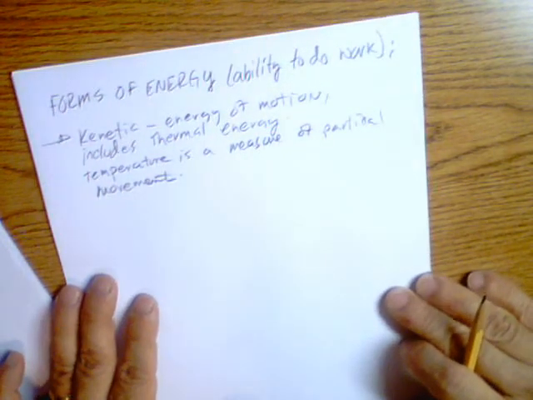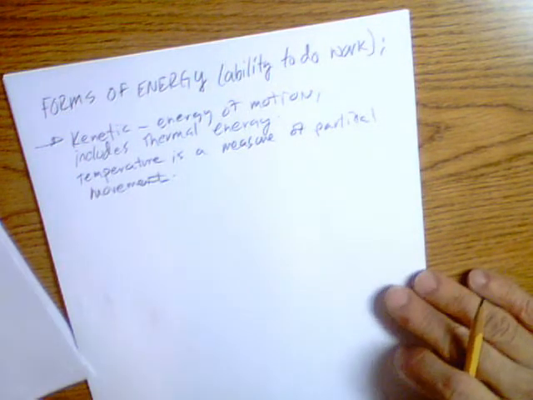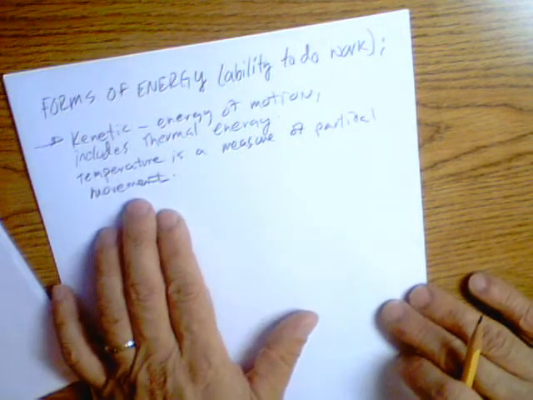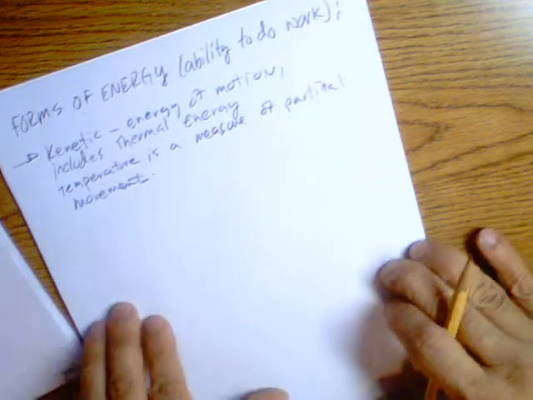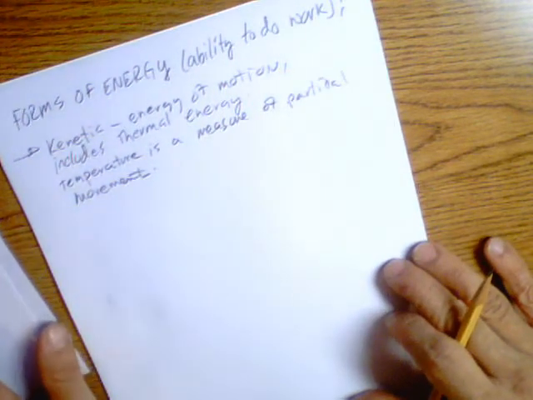Temperature is a measure of particle movement. The faster the particles are moving, the hotter it is. Absolute zero, in the Kelvin scale, is no movement whatsoever.